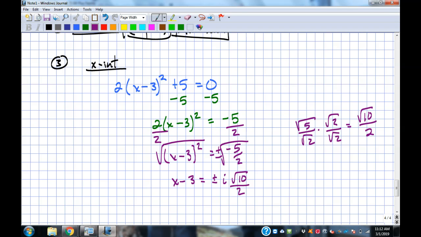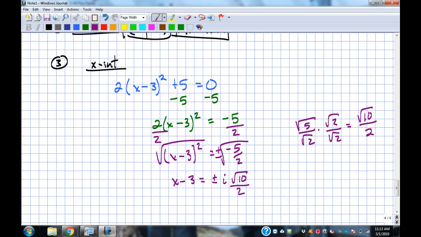We have that nice tool that can help us decide. I'll go ahead and tell you, because it has an i in it, it doesn't. Anytime you have a complex solution, it's not going to cross the x-axis. If there's an i, it's not going to cross it. If there's not an i, then it always will. Okay, so this one's not going to cross the x-axis.